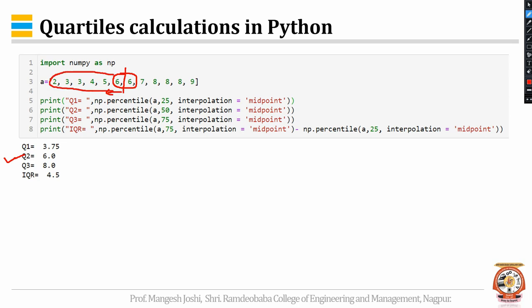Then you find the median of the left side data set, so that is the middle 3 and 4. The average of 3 and 4 is 3.5, so it is Q1. Similarly, this is the right hand side, and these are the middle values, 8 and 8, and the average is 8. IQR is 8 minus 3.5, which is 4.5. In this way we can calculate quartiles in Python.